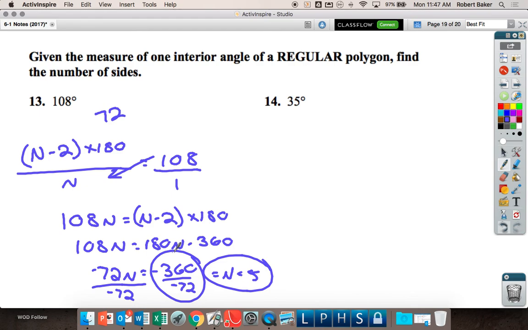So if the interior angle is 35, how big is the exterior angle? Wait, no, 145.